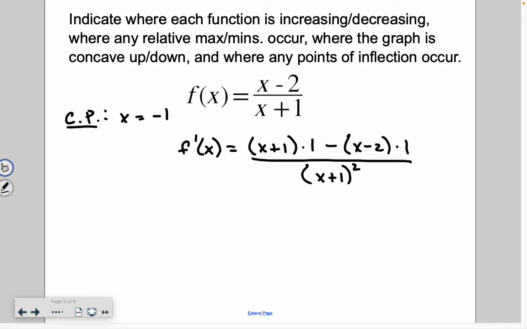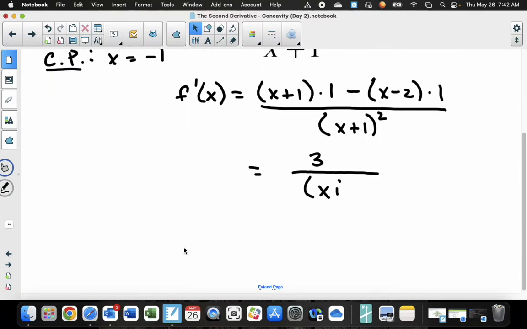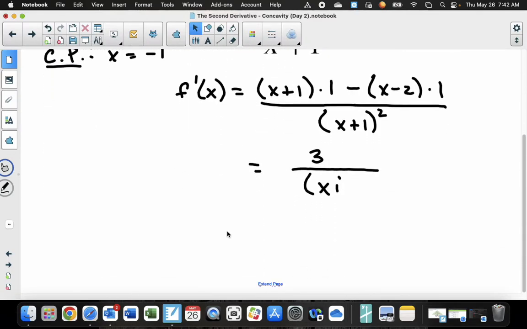Distribute, combine like terms, just make sure you clean that up. So if we do that, we're going to get x plus 1 here, then you'll add a negative x and then a plus 2. So the x's will cancel each other out. You've got a plus 1 and a plus 2, so you're going to end up with 3 over the quantity (x plus 1) squared. So there's your first derivative, okay?